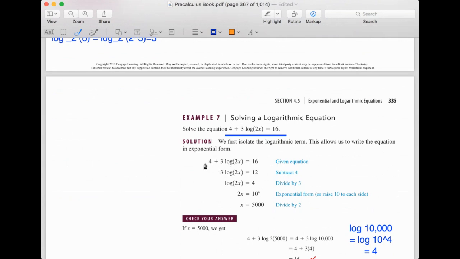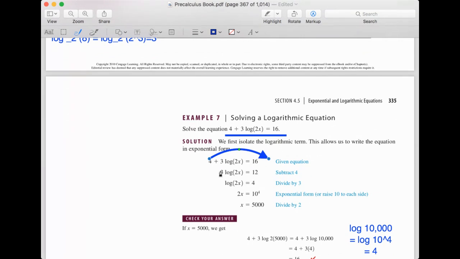Or you could think of moving this 4 to the other side: it's positive on this side, and when we move it to the other side, it becomes negative. We have 3 log of 2x equals 16 minus 4. 16 minus 4 is 12.